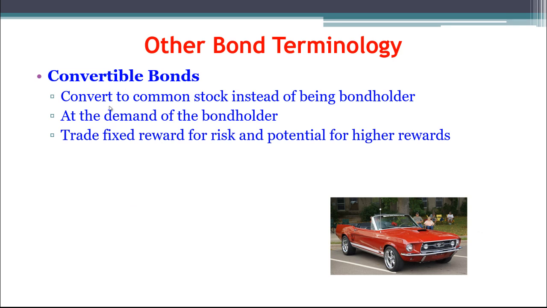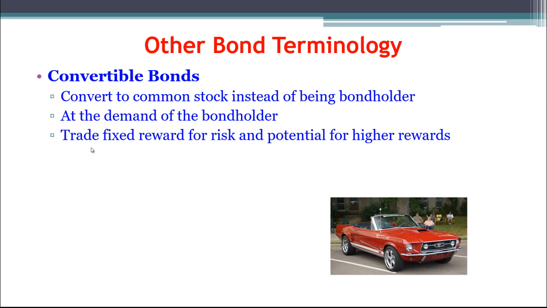The idea here is that a convertible bond is one that the bondholder can decide to convert to common stock if they want to, instead of continuing to be a bondholder. Now they'll become part owner, an equity holder, instead of being a creditor. This is at the demand of the bondholder. They have that right. They don't have to exercise that right, though.